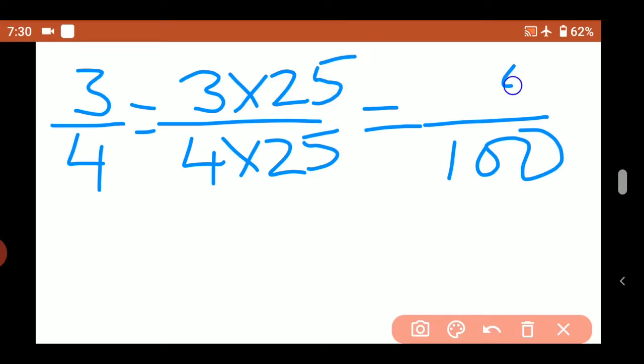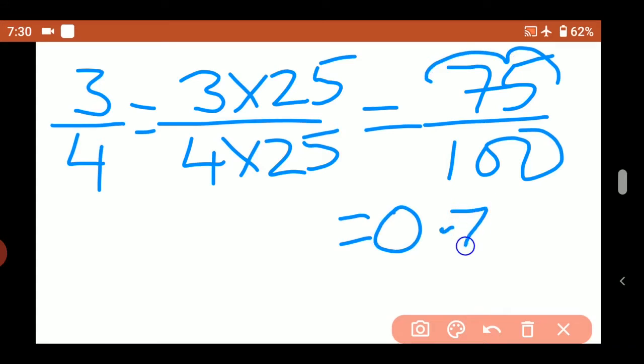So 3 into 25 you do. 25 threes are 75. Now 75 by 100, you have a denominator of 100, 2 zeros, so 2 jumps to the left, you get 0.75. So see children, we could easily convert 3 by 4 into the decimal 0.75.